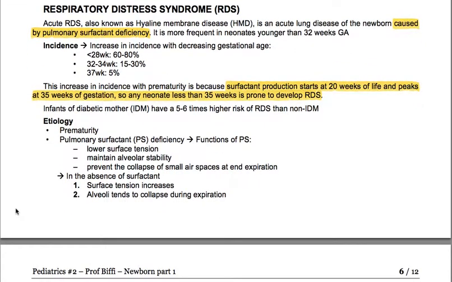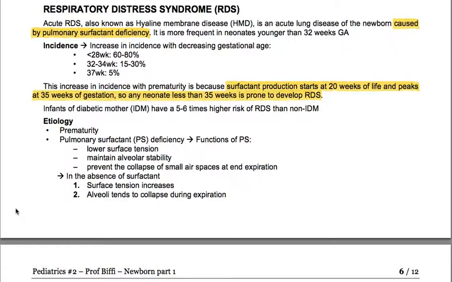The etiologies are prematurity and pulmonary surfactant deficiency. In fact, the functions of pulmonary surfactant are to lower surface tension, maintain alveolar stability, and prevent the collapse of small air spaces at end expiration. In the absence of surfactant, surface tension increases.